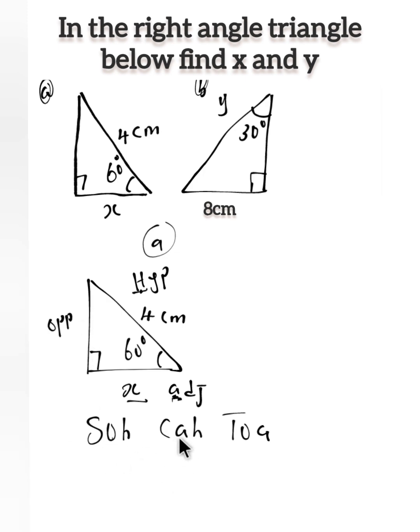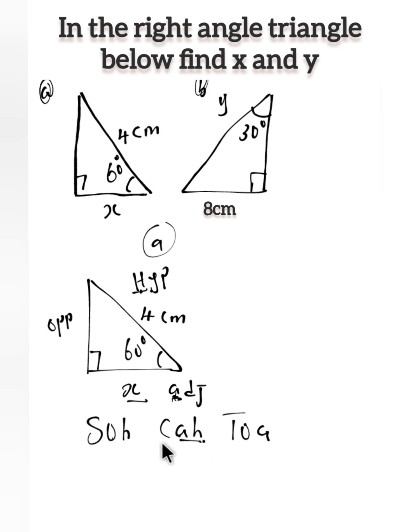In CAH, we have A and H, adjacent and hypotenuse. This is what we're looking for. While in TOA, there's also opposite, which we're not interested in. So in this question, we are focusing our attention on hypotenuse and adjacent, which is AH.